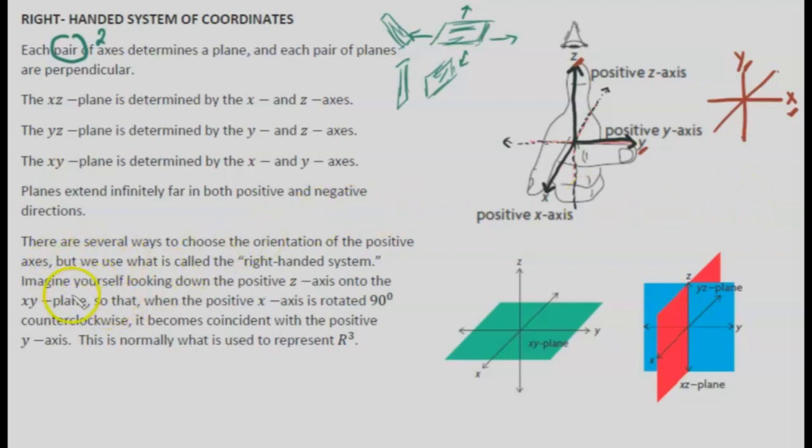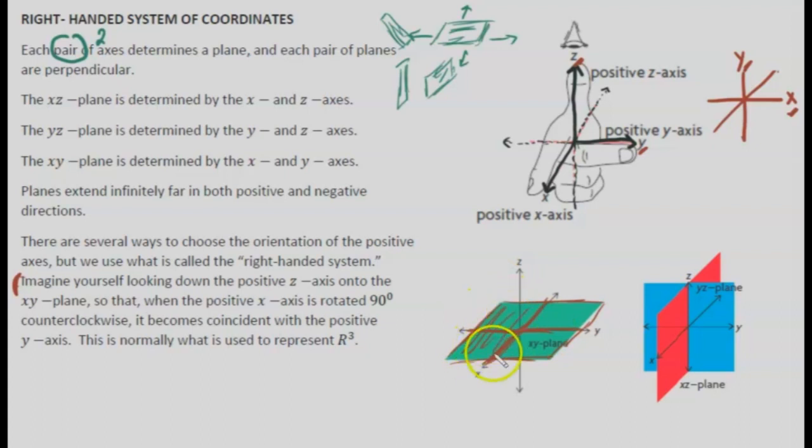Okay, so here's the right-handed system. Imagine yourself looking down the positive z-axis onto the xy plane. This right here is the xy plane, because it goes in the x direction, which is forward and backward, and then right and left, which is the y direction.